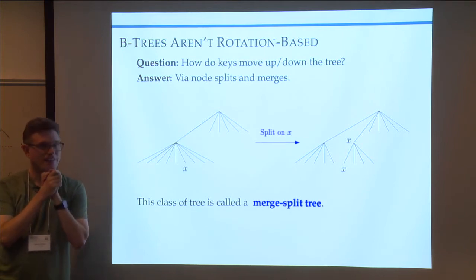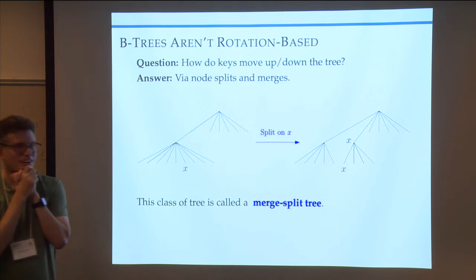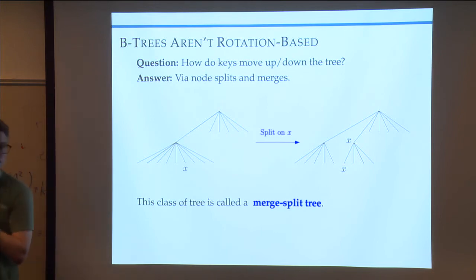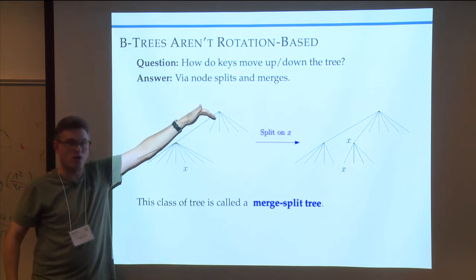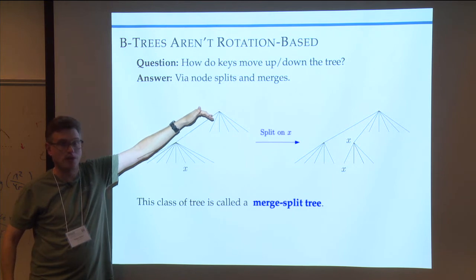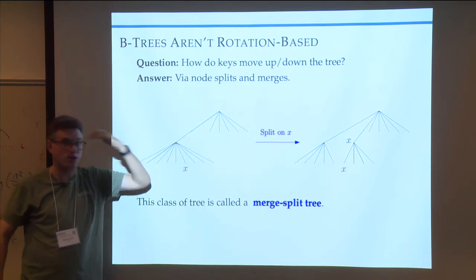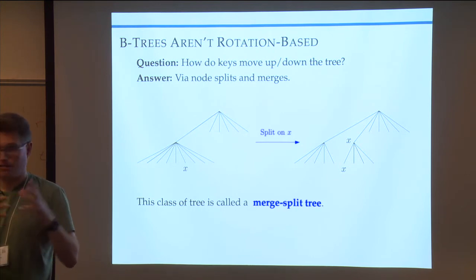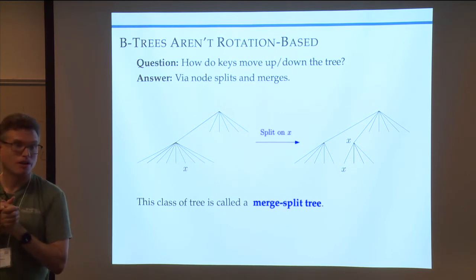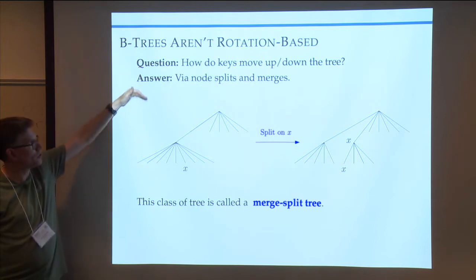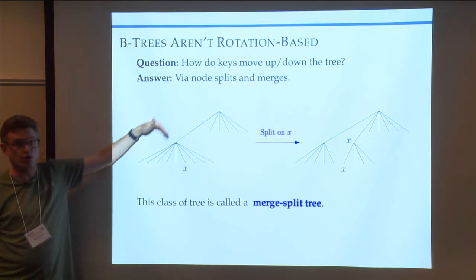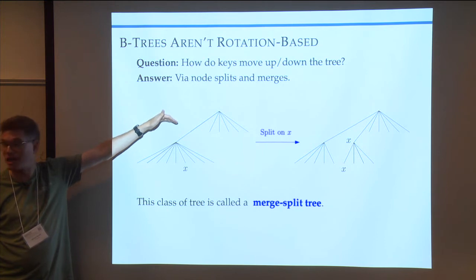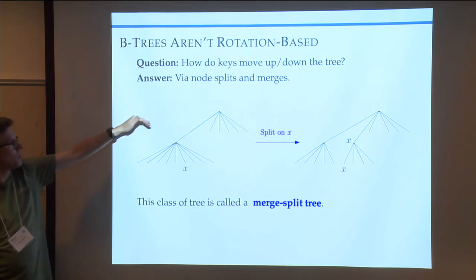Yeah? And a big difference between binary trees and d-ary trees is that an asymptotically smaller fraction of things can be near the root. Oh, very nice. That's right. It's an asymptotically smaller fraction of things that are near the root. So in a real industrial strength B tree, like 90, 95% of the elements are actually just in the leaves. But the question is, can you even move any elements closer to the root at all, so that we can even think about dynamic optimality? And the answer is yes, we can.